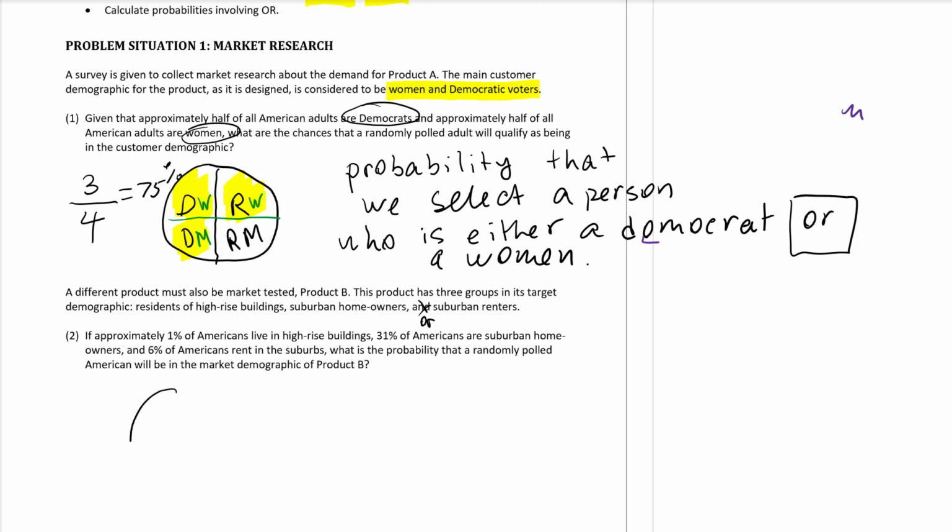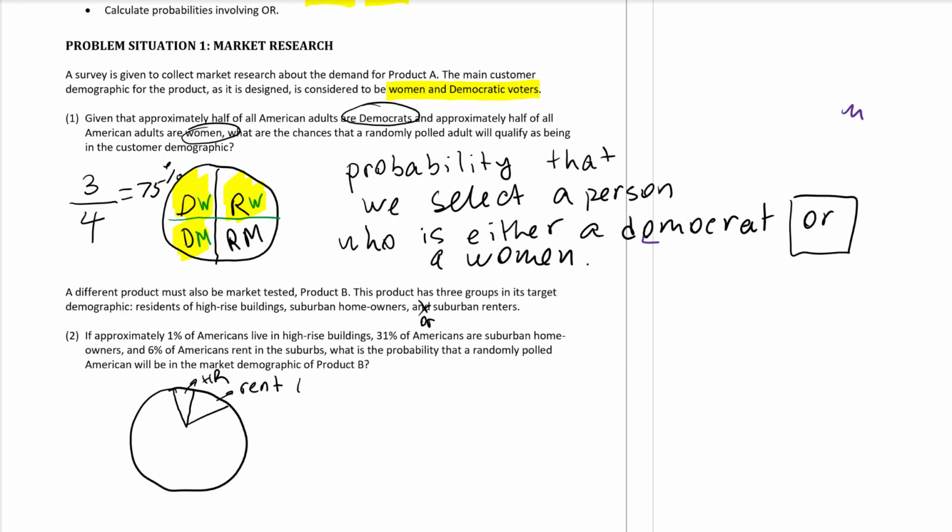Okay, so once again, the way you want to see this is to visualize the whole country being a circle, and then we describe these products. So we have 1% are the ones that live in high-rise. I'll just abbreviate it as HR, the high-rise. Then we got about 6% that rent. They rent where?